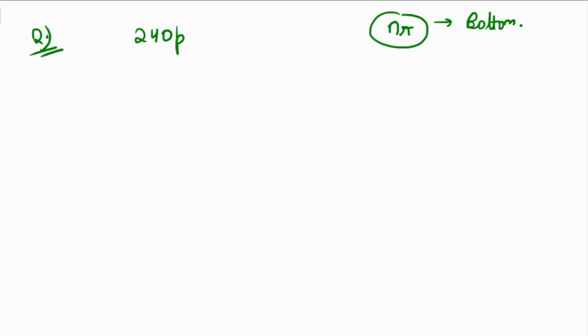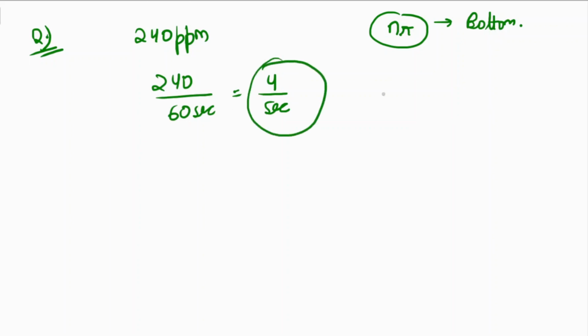Since 240 picks per minute is given, you can calculate picks per second. It is 4 per second. The shuttle loom is running at this speed, so this is the speed of the crankshaft.